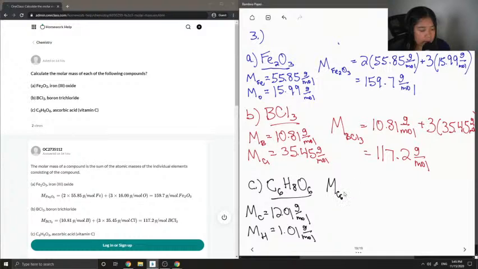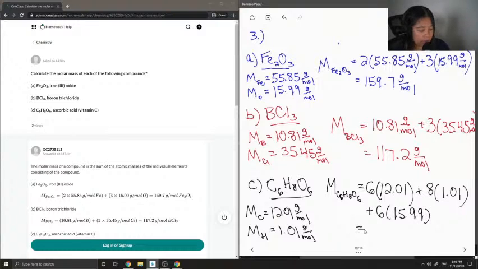Okay, so now I will write out the total molar mass of ascorbic acid. It's going to be 6 times 12.01. Plus 8 times 1.01. And then lastly, plus 6 times 15.99. Then you get a final molar mass value to be equal to 176.1 grams per mole.